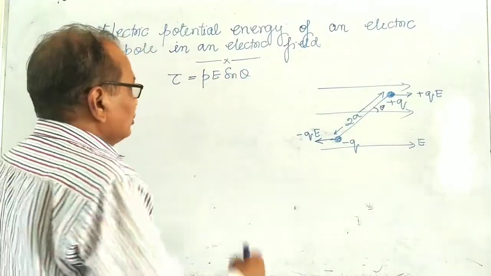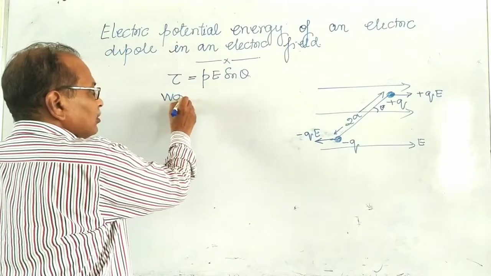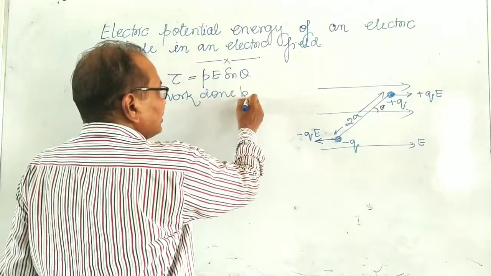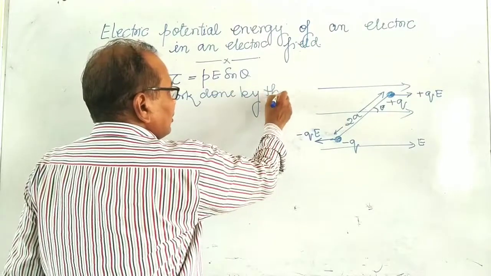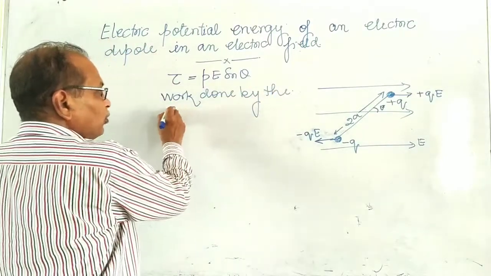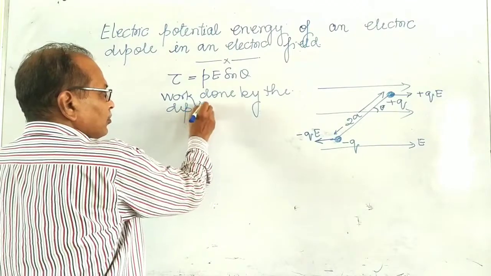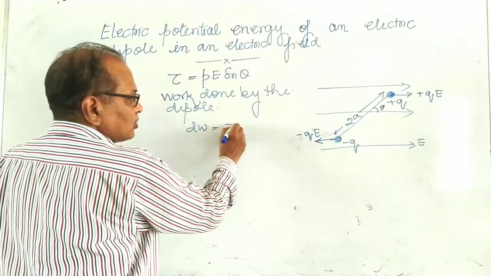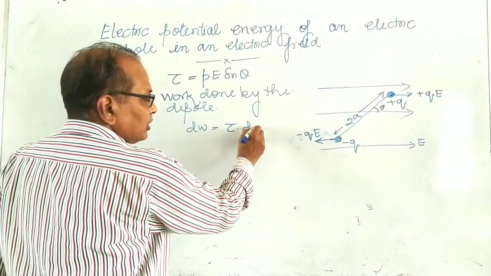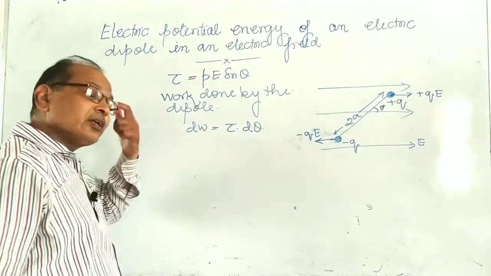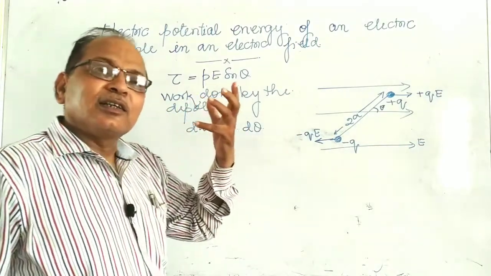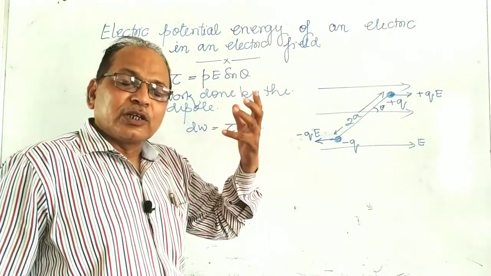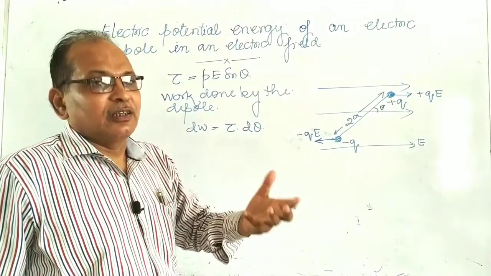Now, the work done by the torque on the dipole, dW, can be written as tau into d theta, where d theta is the angle rotated by the dipole placed in the electric field.